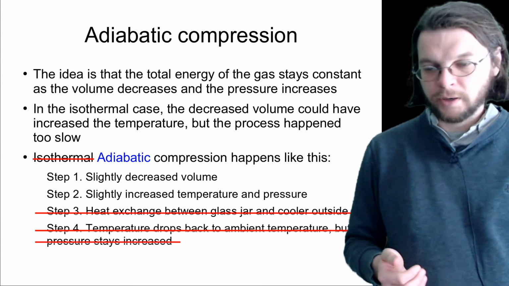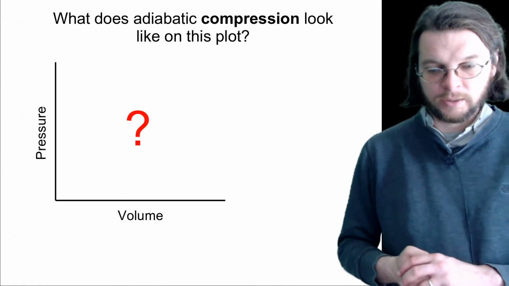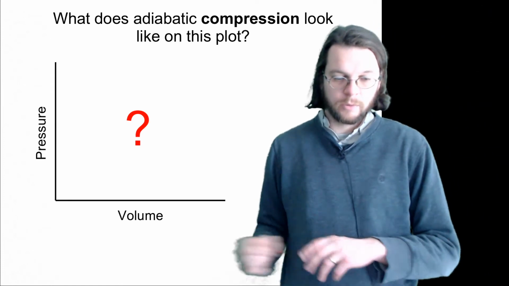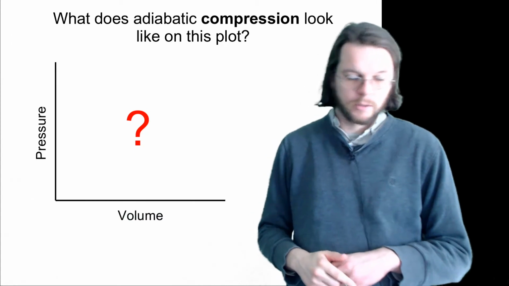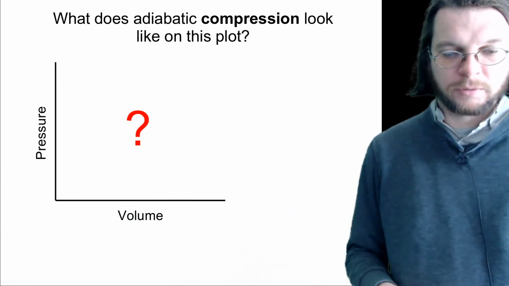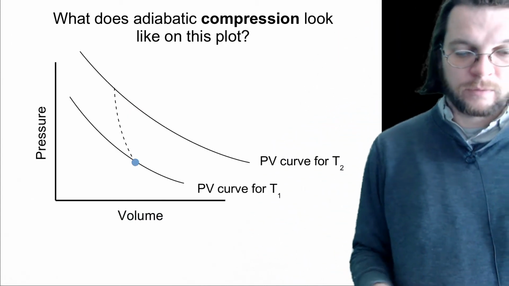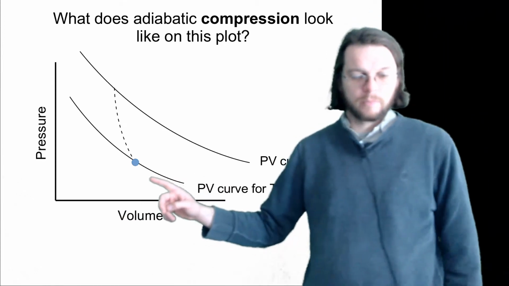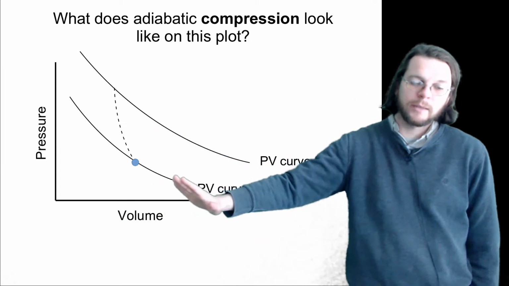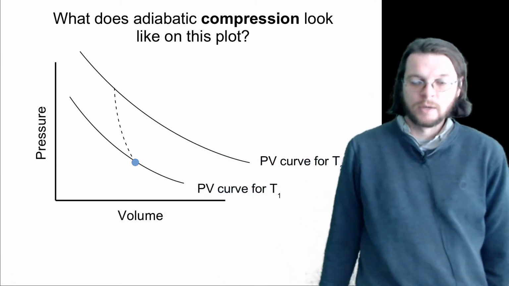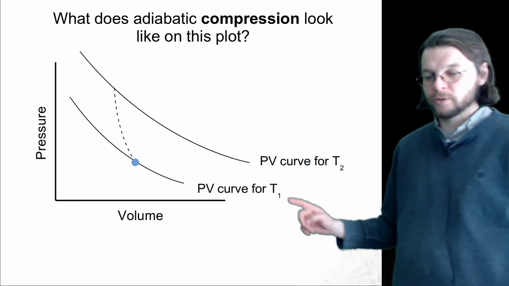So what does this look like on our pressure volume plot? Well, if we're going to compress it, it's going to go from high volume to low volume, right? The pressure is going to go up, but the question is by how much? So these black lines, not the dashed one, I'll talk about the dashed one in just a second, are what's called PV curves. And it mentions the temperatures here.